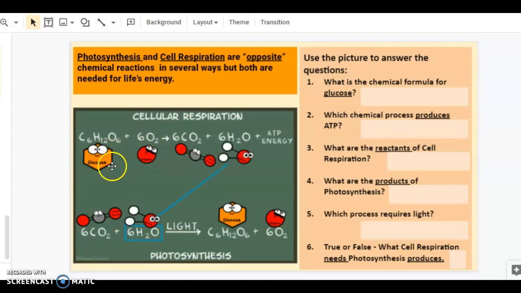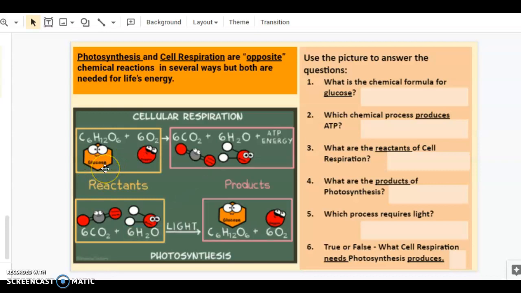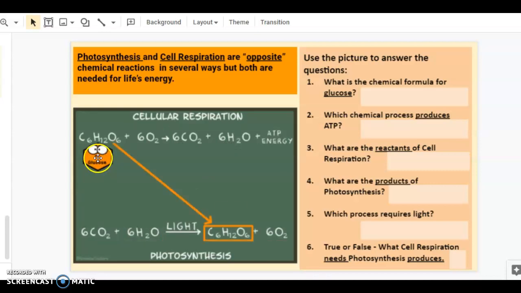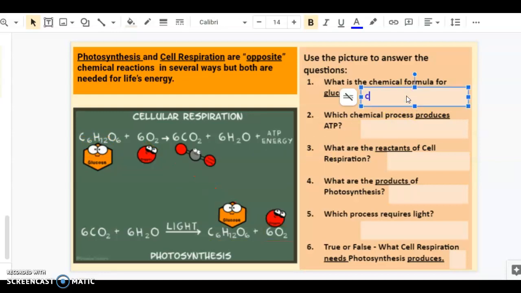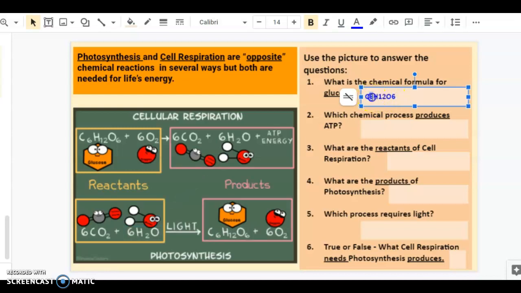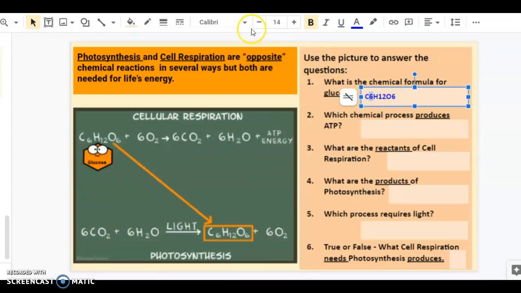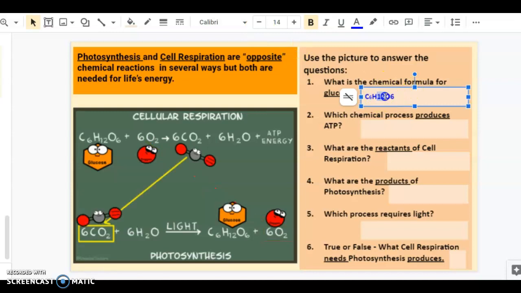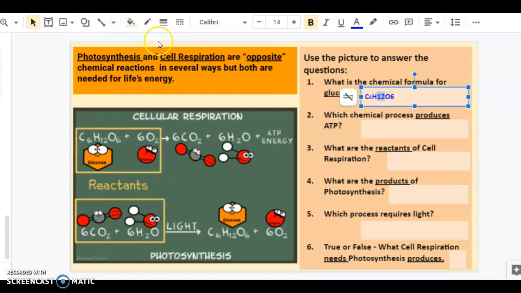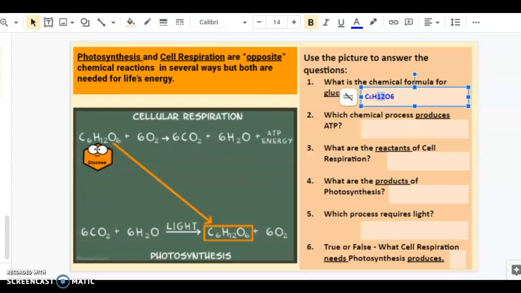What is the chemical formula for glucose? Here we see glucose in all of its little glory. C6H12O6 is its chemical formula. Now these numbers that tell the number of atoms should be written as subscripts. But an easy way to do that is simply to change the font. Or you can get fancy and go up to your format button. Let me move this up so you can see it.